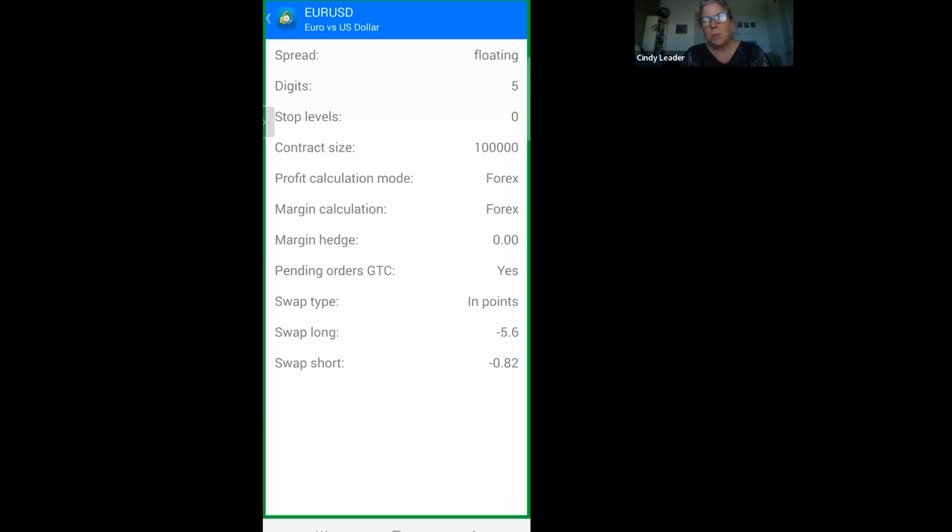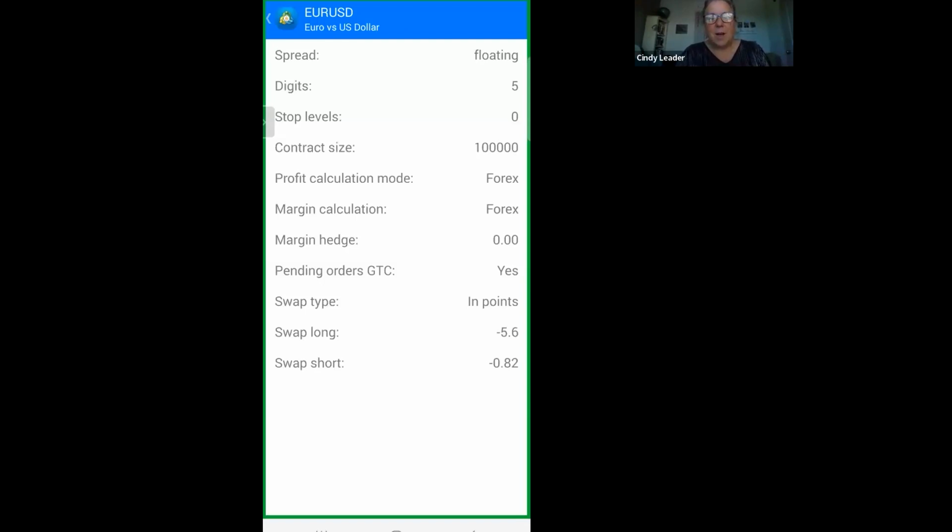I know people who make nano trades, super small. It's 1 to $100 value. So I'm trading the micro. Most people I know trade micro. Some people are trading macro and standard, but not me.